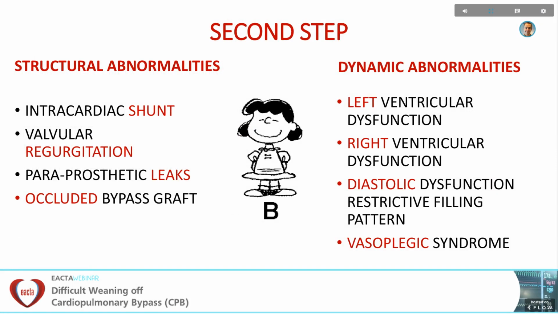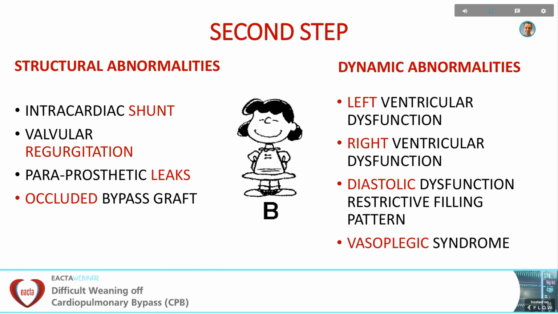The second step is to see with echocardiography if there is intracardiac shunt, if there is valvular regurgitation or leaks, or there are occluded bypass grafts. We call these structural abnormalities, and this is something that the surgeon can do to wean the patient from cardiopulmonary bypass from this difficult situation.